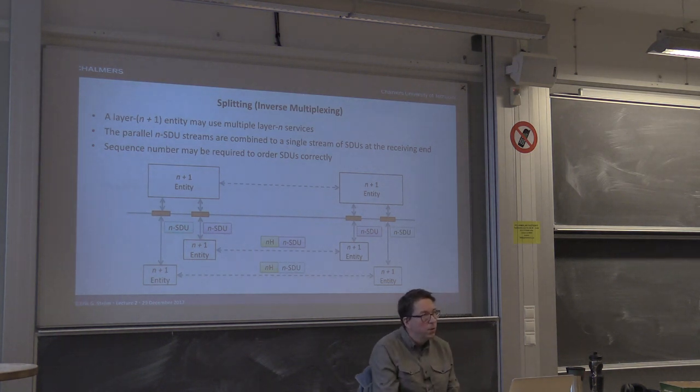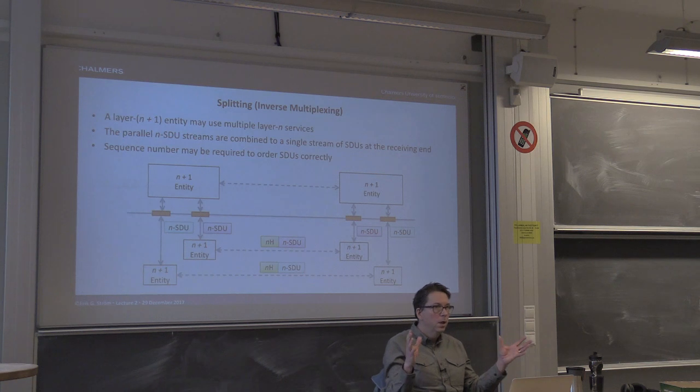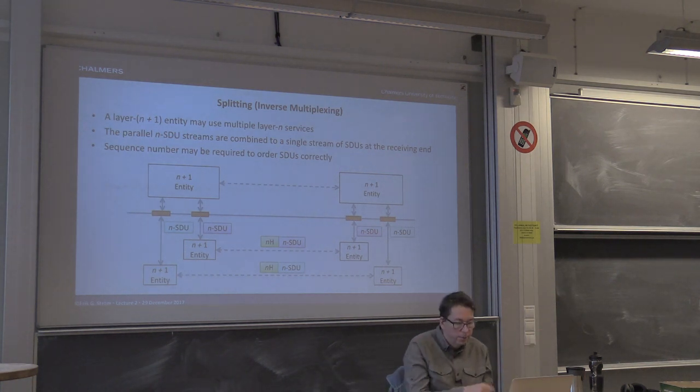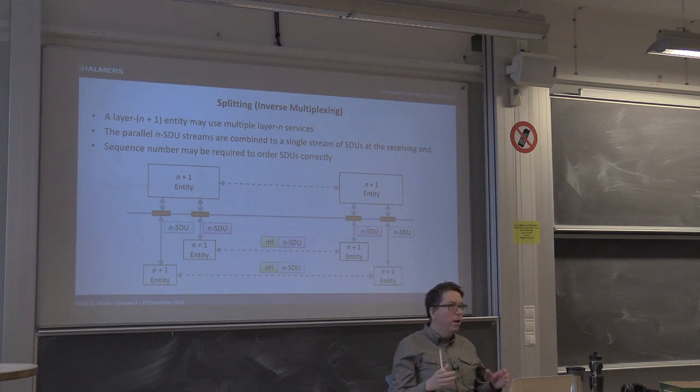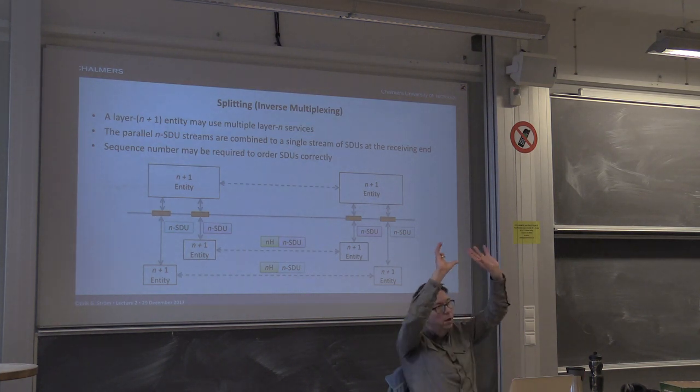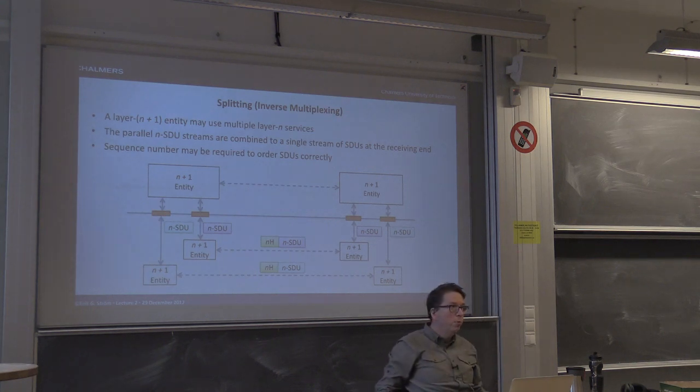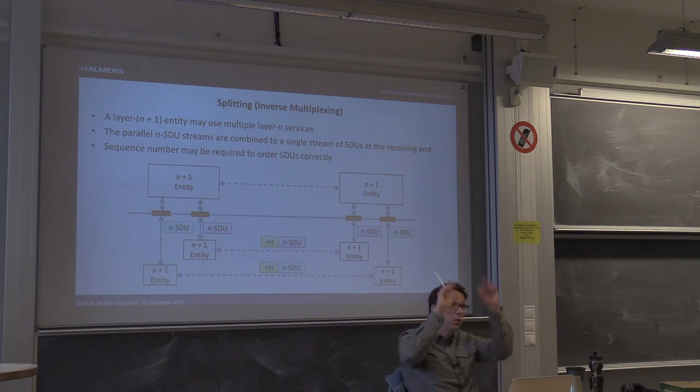For instance, if I'm a protocol layer at n+1, and I would like to provide a very high data rate service to the layer above me, but below me I have several possible transmission paths, but all of them have limited data rates. So what I can do then is send over these in parallel in order to create a higher data rate for the service above me.